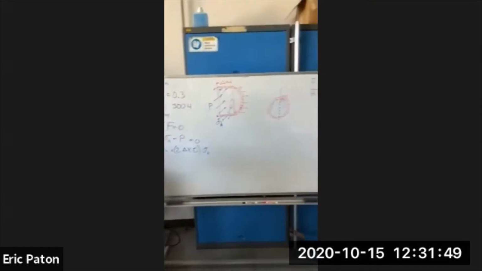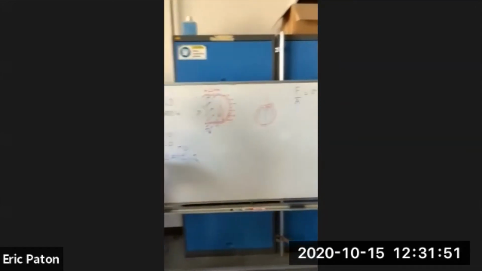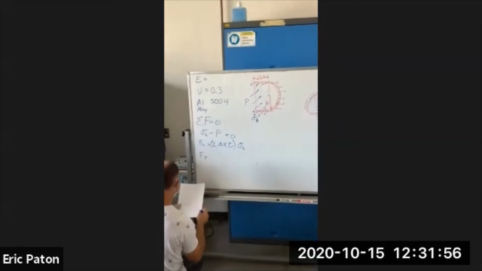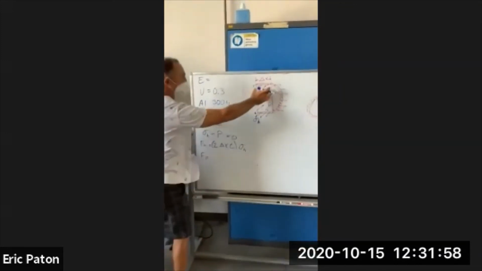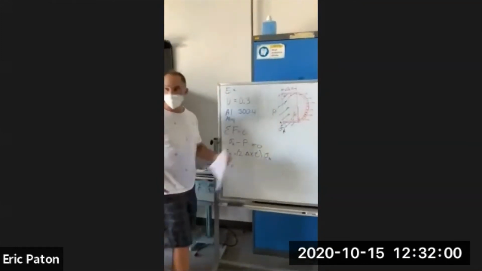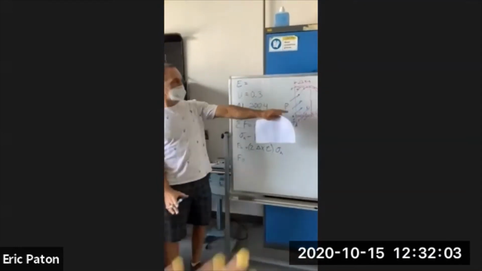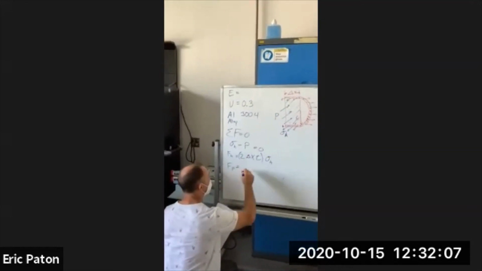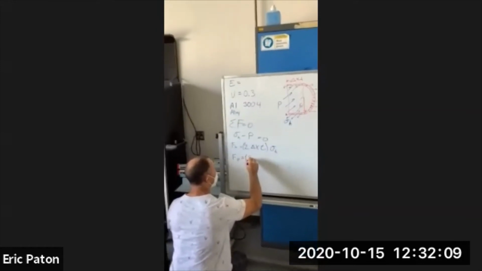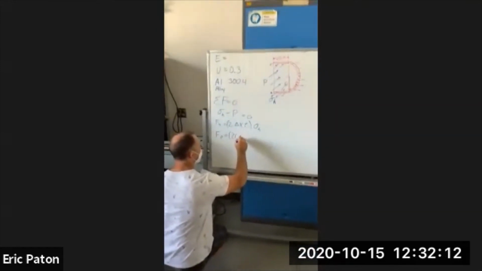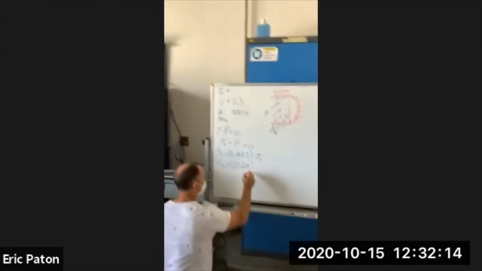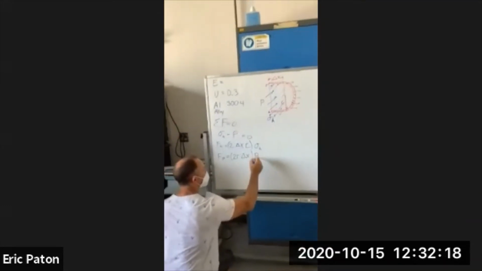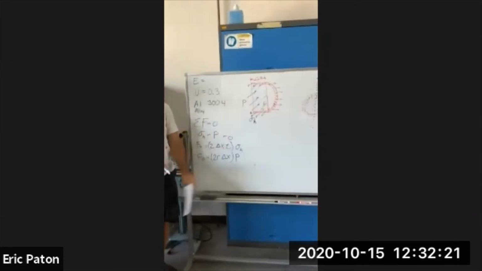So that's the force in the hoop. And then the force due to the pressure inside is this area here. So it's delta X times 2 times the radius. So that's the area, 2 times the radius, delta X. And then this is times P, pressure.